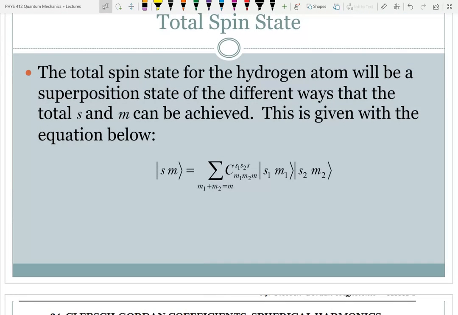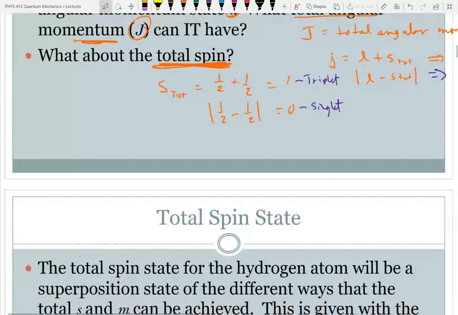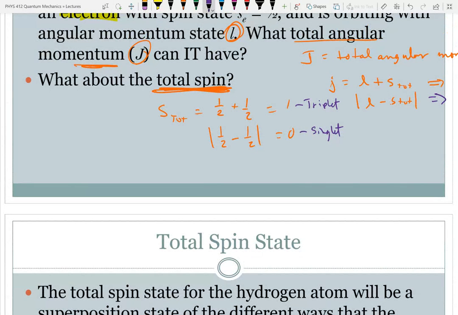The total spin state for the hydrogen atom, which is what we just did, will be a superposition state of the different ways that the total S and M can be achieved. So looking at what we just did, let's say it's in the triplet state. It's in S equals 1, and then we could have M equals, let's go with M equals 0. S equals 1, M equals 0.